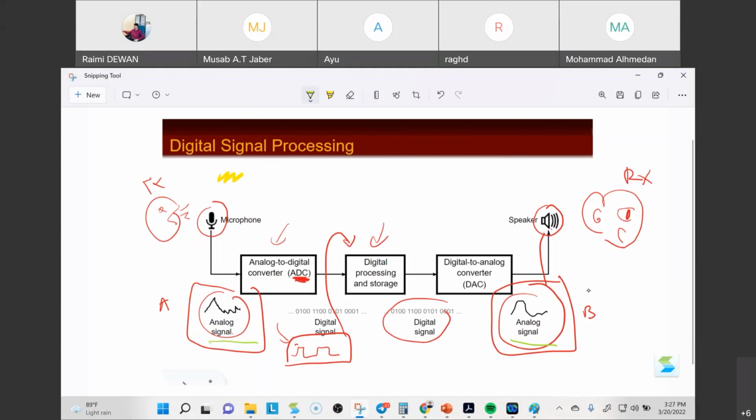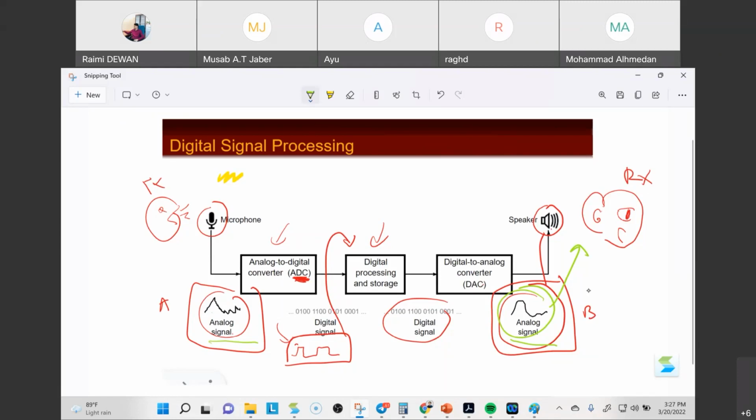In Malay, people say sama tapi tak serupa. Same but not similar, similar but not same. You can see here, the shape is still almost the same, but because of the digital processing, we are only able to generate this at our receiver. It is almost the same, but not exactly, because of digital processing.